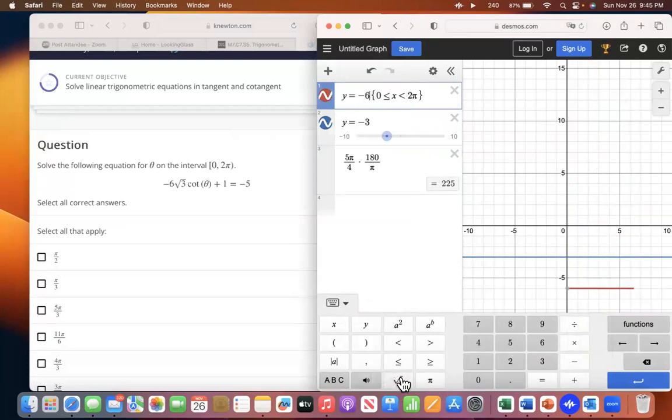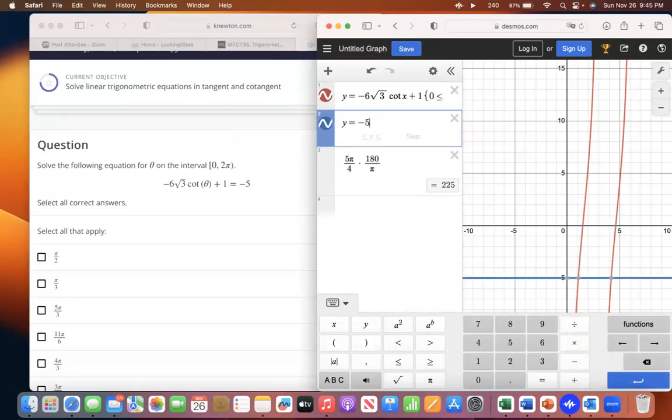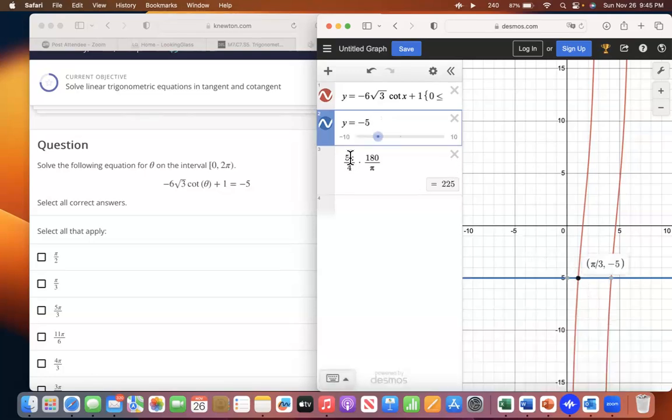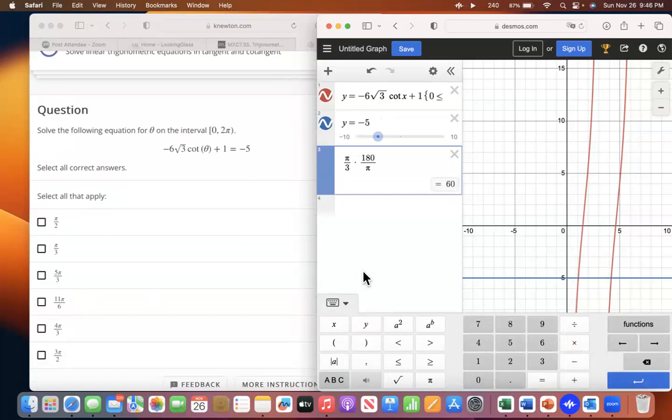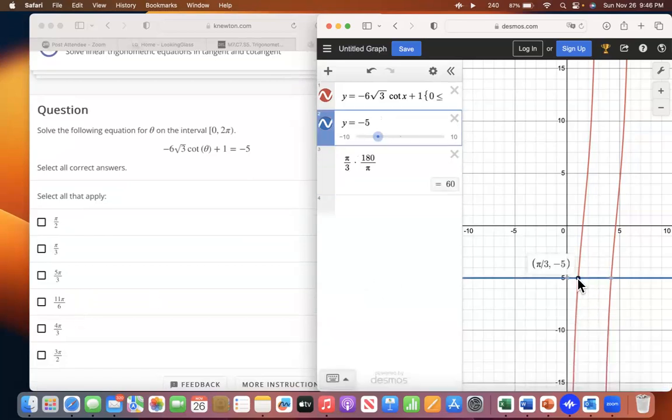Negative 6 square root of 3 cotangent of x plus 1 equal to negative 5. Yes. Oh, it doesn't even want it in degrees.